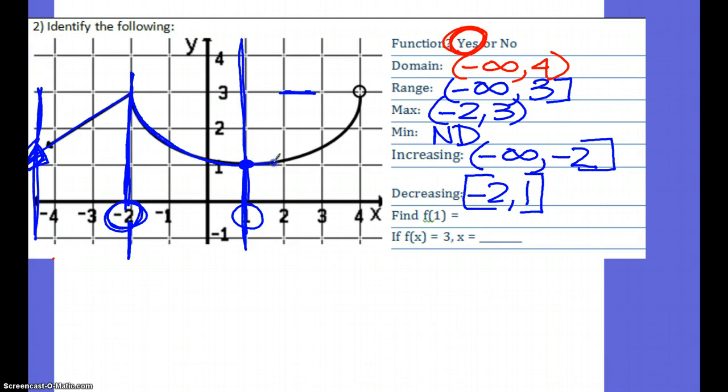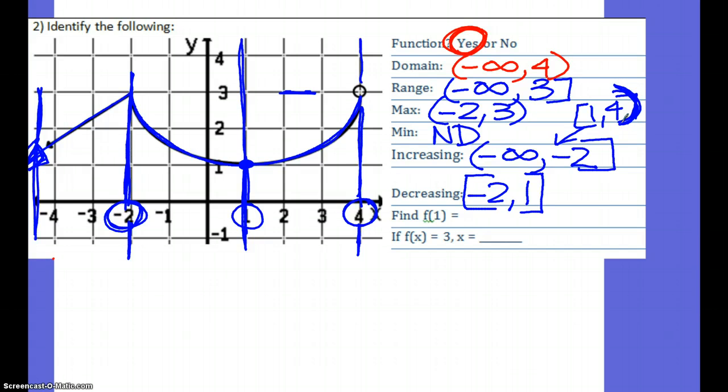However, the graph, if you keep going from the left to the right, it again increases. So you need to list another interval for increasing. It is from +1 all the way to 4. So for increasing, I'm just going to draw an arrow and say it's from +1 to 4. Oh, 4 should be open, right? Oops.